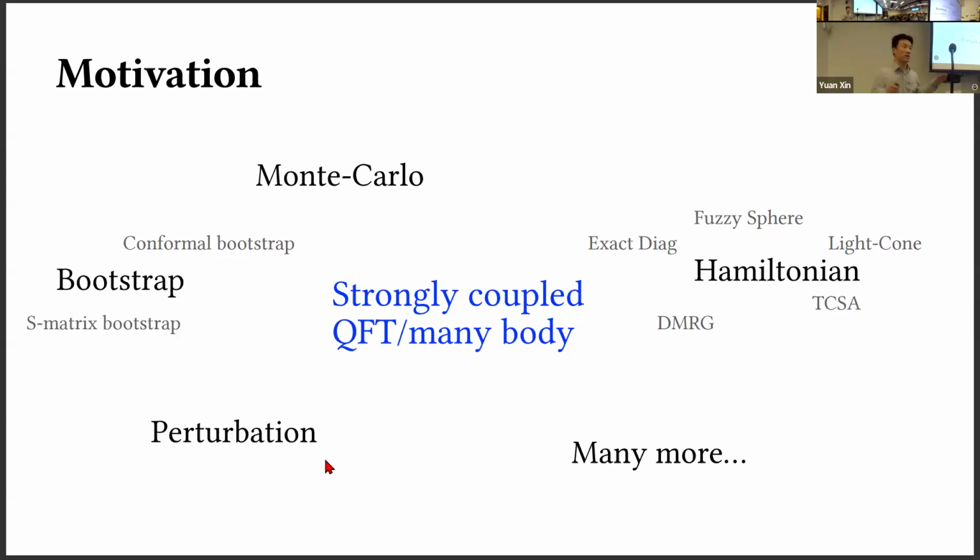Different results are starting to come into overlapping regimes, where we can start checking the consistency across different methods. In particular, I wanted to raise some attention towards Hamiltonian methods, which is a collection of approaches: we want to study the quantum theory of, say, a quantum lattice, lattice spins or fermions.